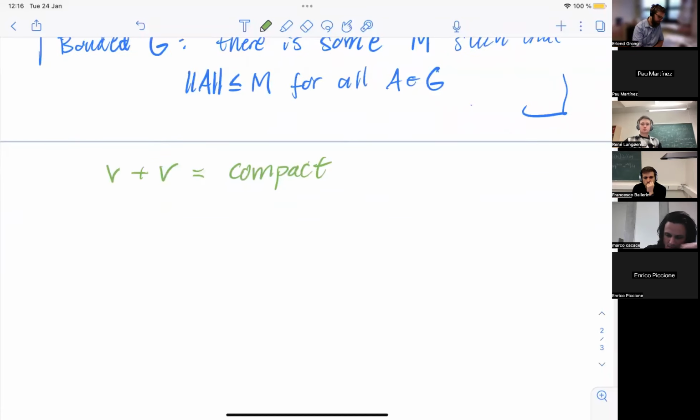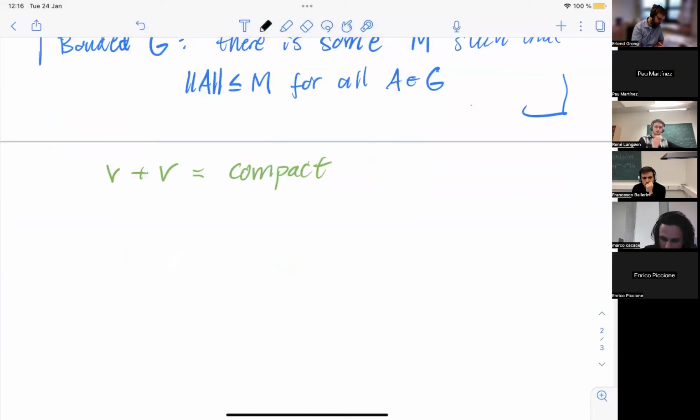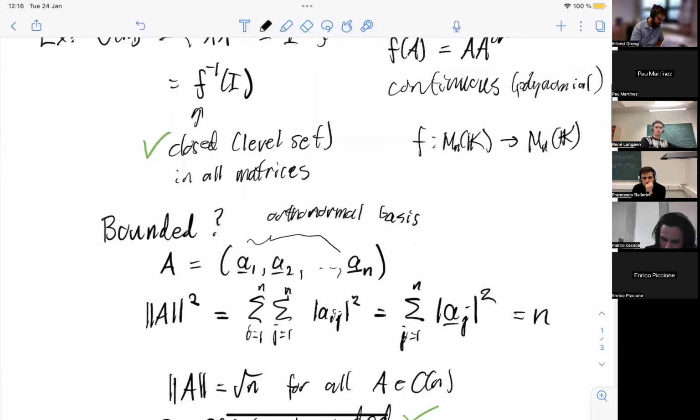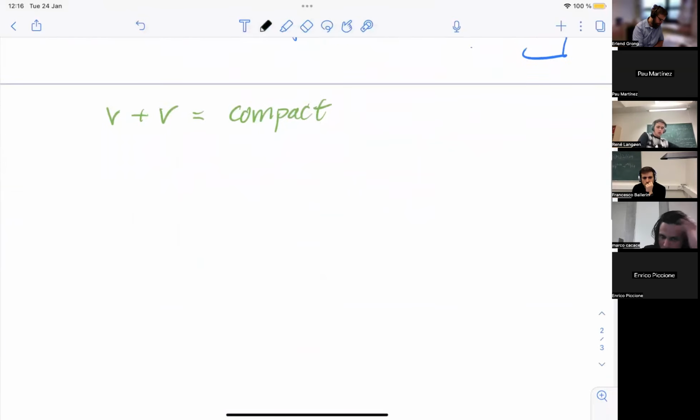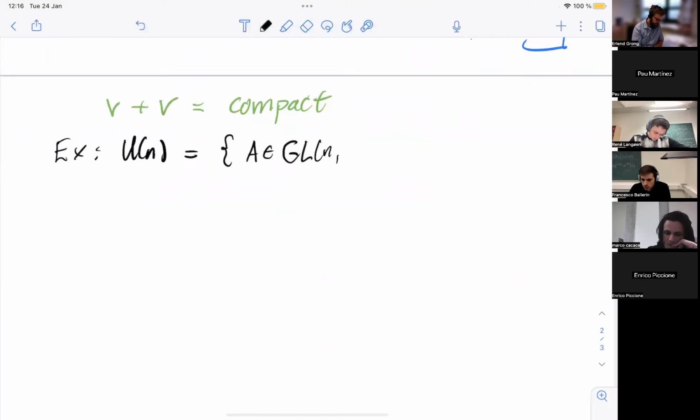So the complex analog of this, which we didn't discuss last time, which we can discuss now, is the unitary matrices. So what are the unitary matrices? These are complex matrices with complex values.